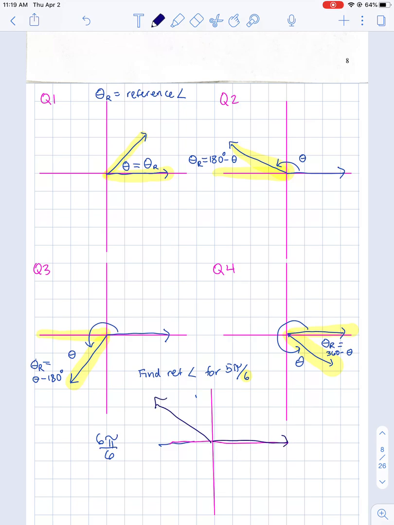The reference angle is, again, the terminal side and then the x-axis closest to that terminal side. So we're trying to figure out, well, what is that angle right there? Or how close is it to 6 pi over 6? By definition from above, to find the reference angle, we would take pi, or 6 pi over 6, and subtract out the original angle, 5 pi over 6, to get that the acute reference angle is pi over 6, and this is that measure here. Informally, I always think of it as how far away from the x-axis are you?